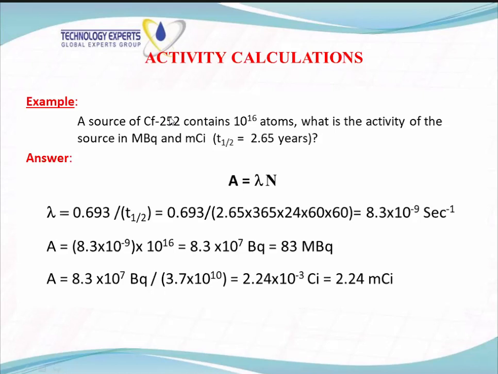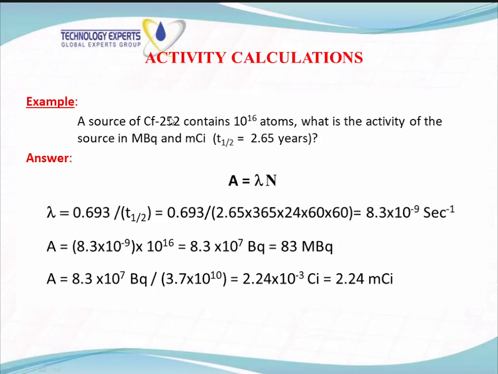So the number of atoms of this source is 10 to the power 16. What is the activity of the source in megabecquerel and in millicurie? The half-life is 2.65 years.